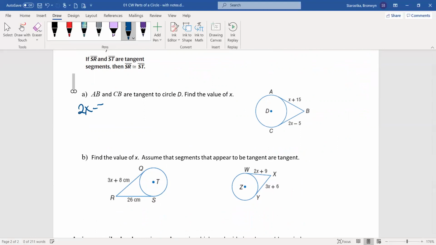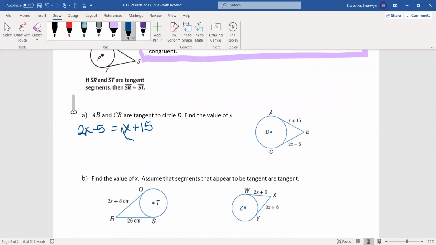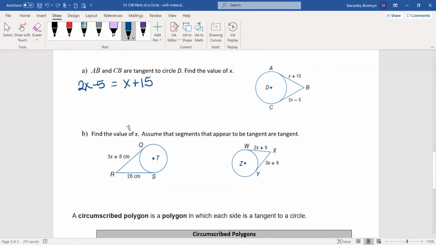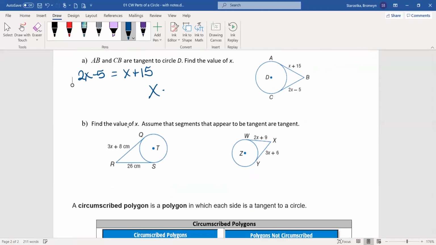2x minus 5 equals x plus 15. Subtract x from both sides, add 5 to both sides. X equals 20. Here we go again.